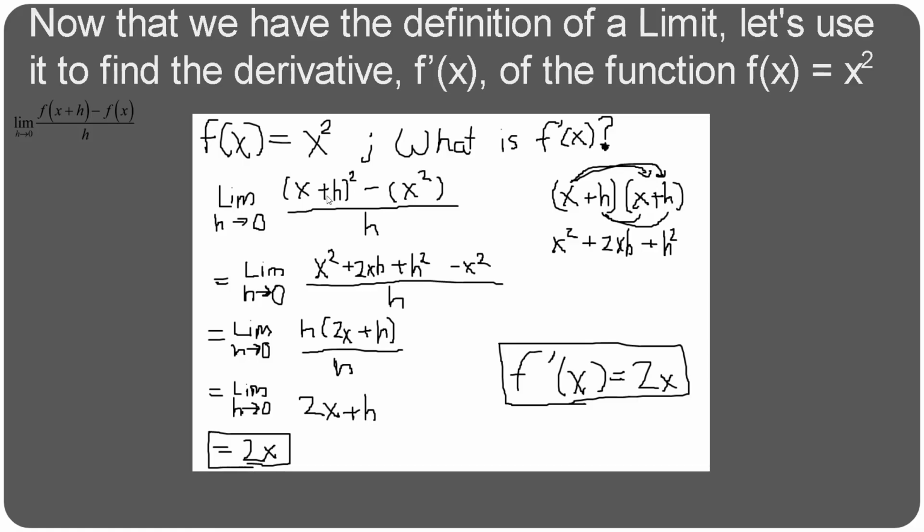So you can FOIL out these two things. If you know the equation, it's right here, but I prefer just to write it out and be safe. You end up with x squared plus 2xh plus h squared, and then you have minus x squared, and it's still being divided by h, and you have your limit.